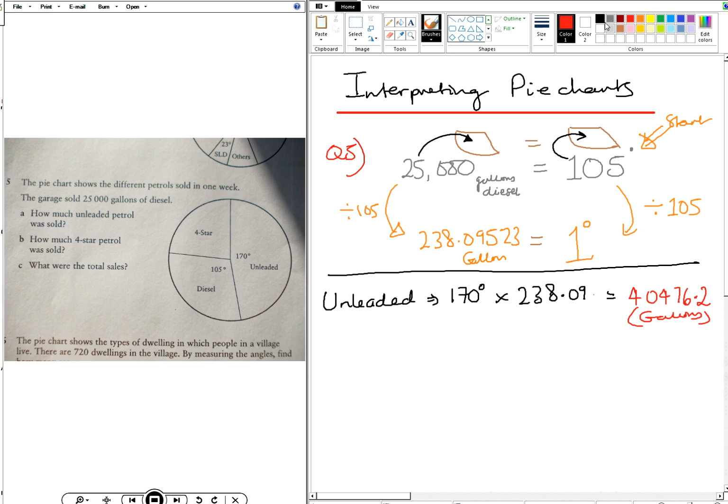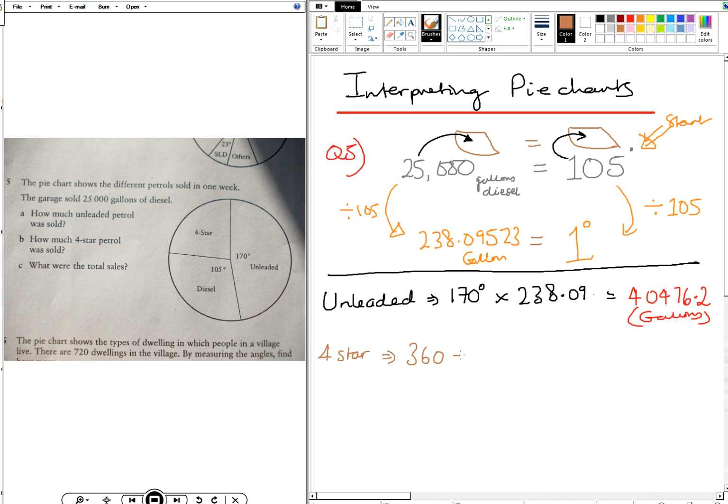The next question says how much 4-star petrol was sold. So we have to work out 4-star now. Do you know the angle for 4-star? No. So how do we work out the angle? Yes, we could subtract from 360. That is one way we could do it.